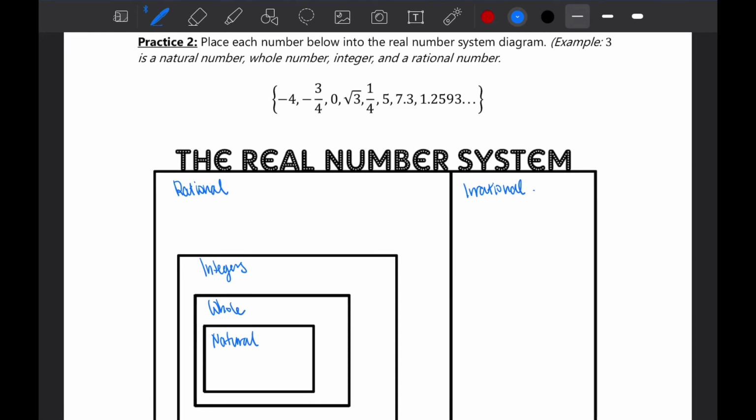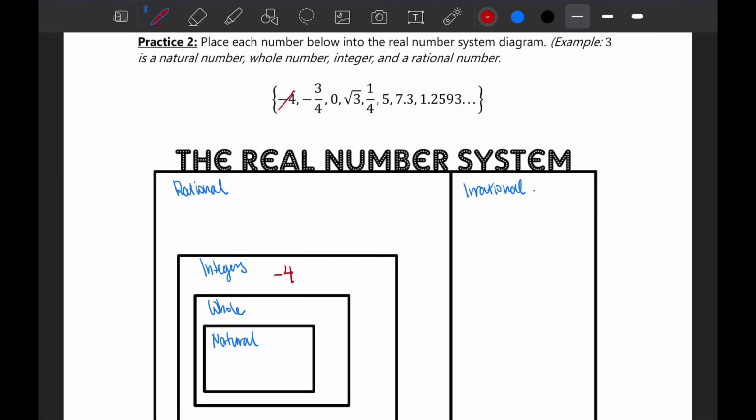Alright, so we'll start with -4. So we know that -4 here is a negative whole number, which is an integer. Actually, let's use red. -4 is an integer.